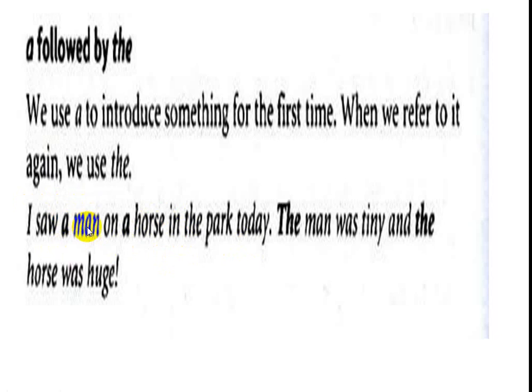So we introduce the man and the horse for the first time in this sentence. And when we want to refer to it again in the second sentence, we say the man was tiny and the horse was huge. Because we hear the second sentence, now we know which man and which horse, because we mentioned it before in the first sentence.